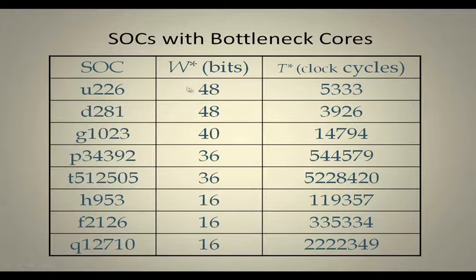Even if you increase its TAM width beyond 48, test time cannot be reduced. It remains at 5333. Similarly, D281 remains at 3926. All these SOCs have been mentioned here, and for each of them there is some bottleneck core, due to which even if you increase the TAM width beyond W star bits, it will not improve the test time beyond the T star values, in clock cycles in terms of ATE.